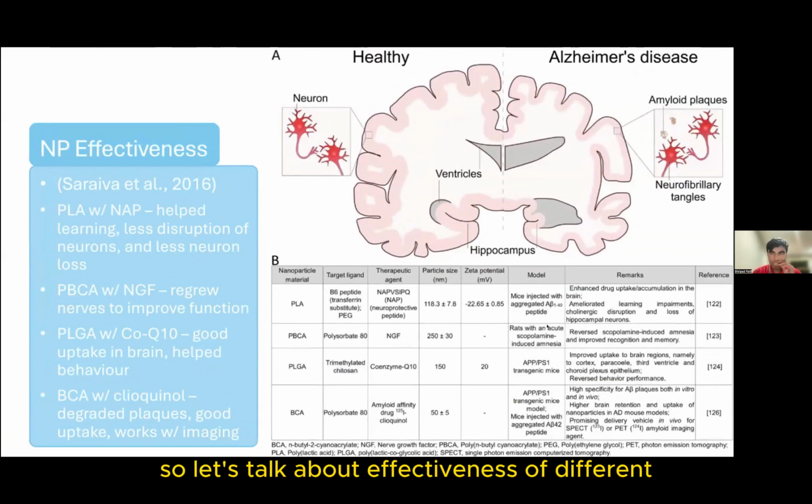So let's talk about the effectiveness of different nanoparticles. This was again derived from the same paper of Shripad et al. Basically, they studied the effectiveness of certain nanoparticles and drugs used in rats, mice, and other clinical trials to see how their uptake into the brain was, as well as their effects on the actual brain itself.